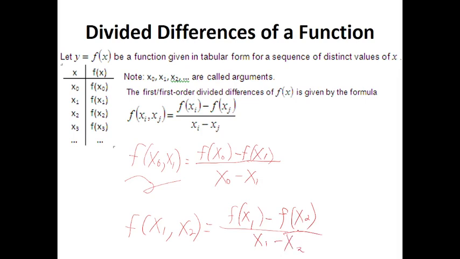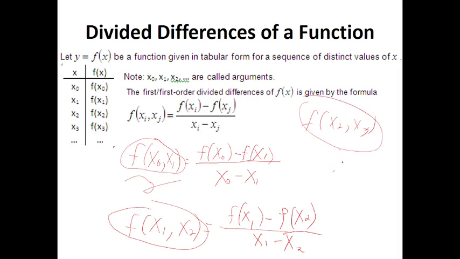So this is the formula. Okay, so we now proceed. This is the way on how to find first order divided differences of f. So we have the first order divided differences of f of x sub 0, x sub 1, f of x sub 1, x sub 2, f of x sub 2, x sub 3. These are called first order divided differences of f, and so forth.